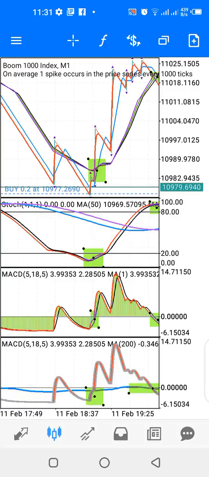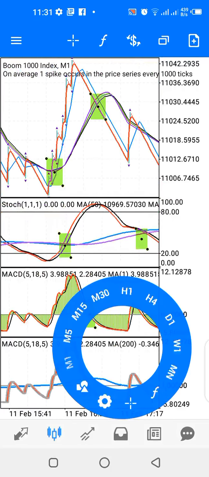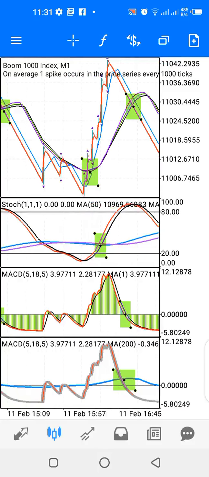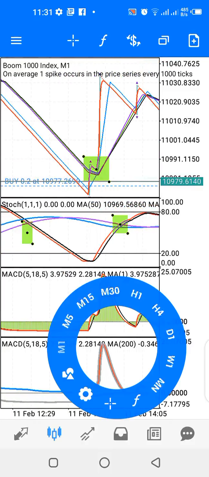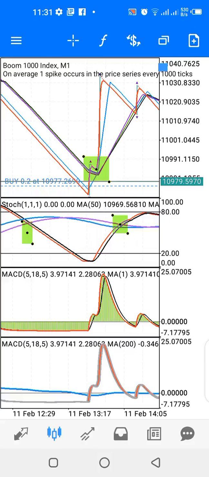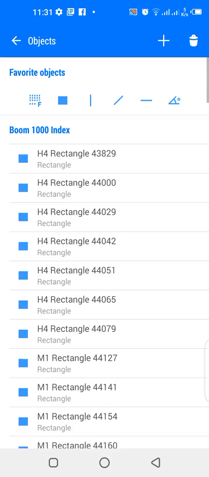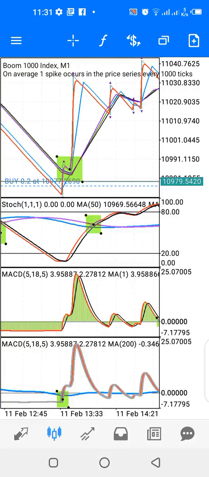All right, this is a sell signal. Okay, now this is a buy signal. Okay, this is a sell signal, but it didn't really hold much water.